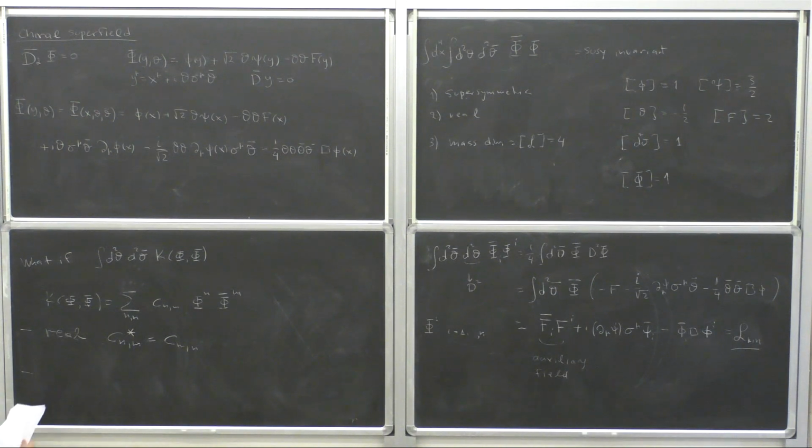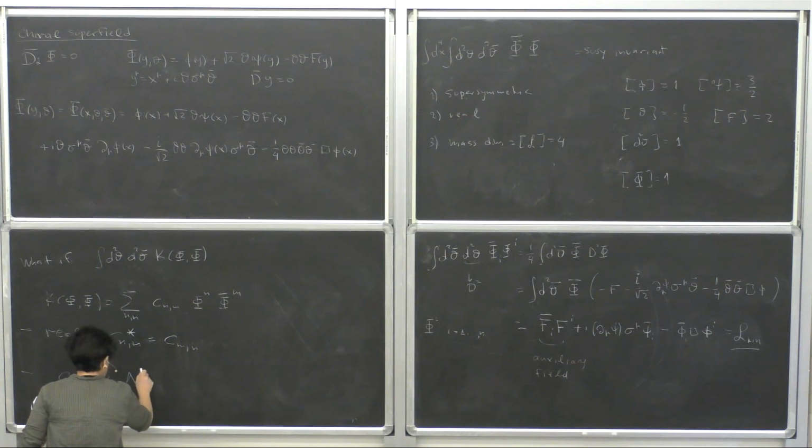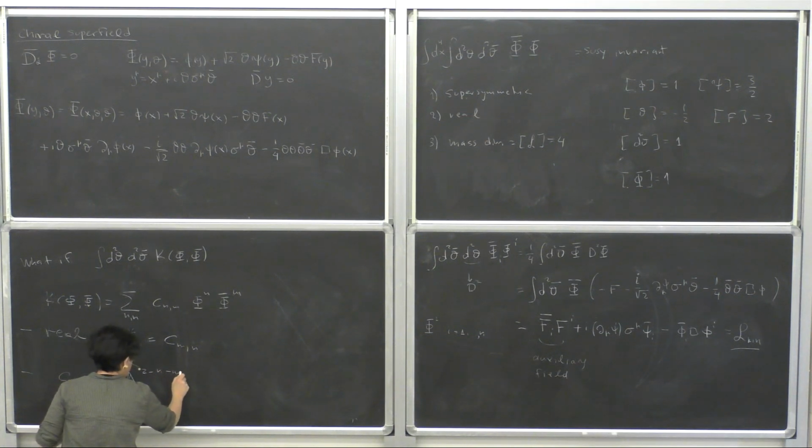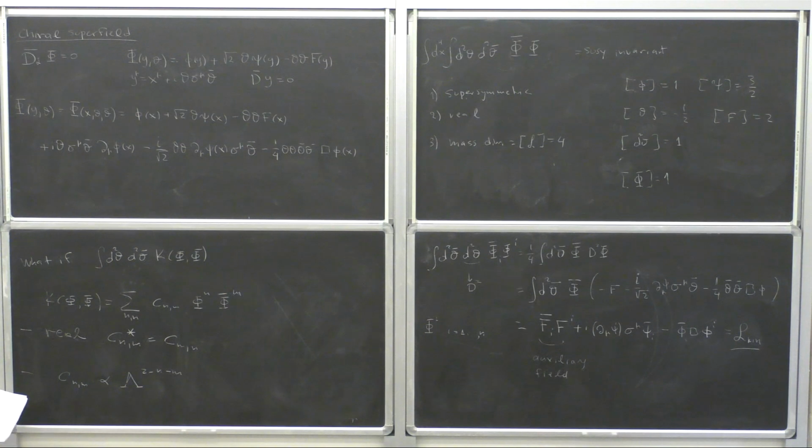Clearly, if I have crazy stuff going on, I will get higher derivatives, things will break loose. But this is fine. Like when we do effective field theories, we do something crazy in the UV, we give a VEV, we let it flow, we go to the IR, we get effective field theories. The only thing that we know very well will happen is that these coefficients are going to have mass dimension, yes?